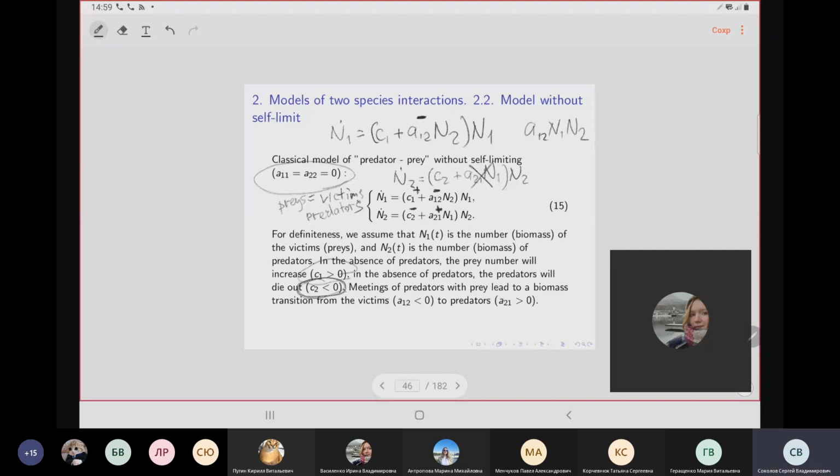First of all, we have a system, and we need to analyze the steady states. What are the steady states? How many steady states can be in this system?